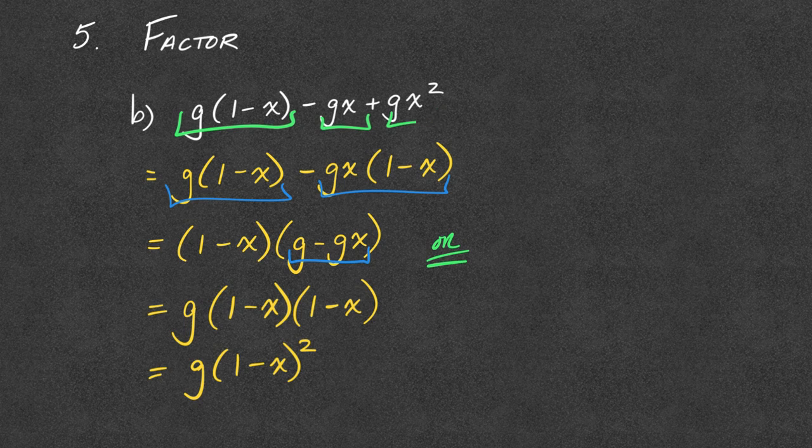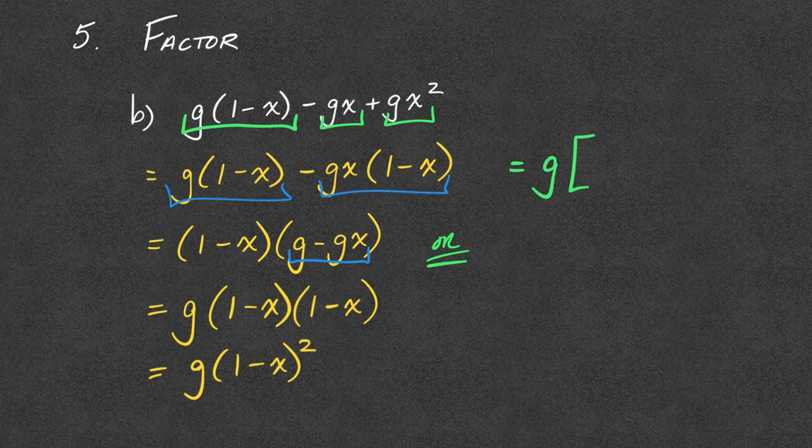That would not be my suggestion. So how many terms do I have? 1, 2, and 3. Is there something in common in all three terms? Yes, there is a common factor of G.